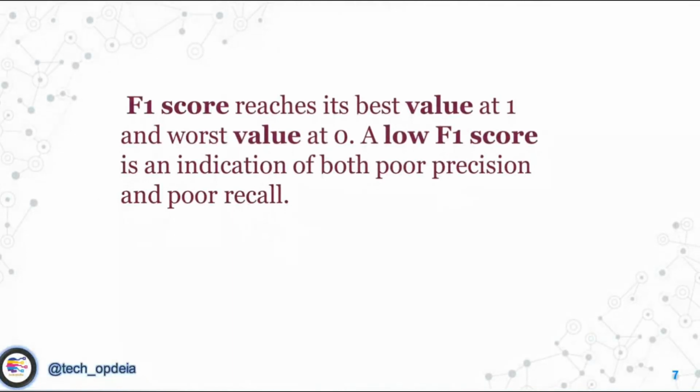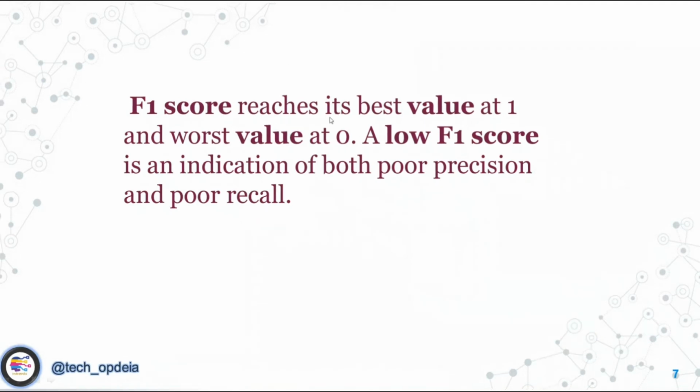F1 score reaches its best value at 1 and worst value at 0. It ranges from 0 to 1. The value can't go below 0 or above 1. A low F1 score is an indication of both poor precision and poor recall. The higher the F1 score, the better the model.